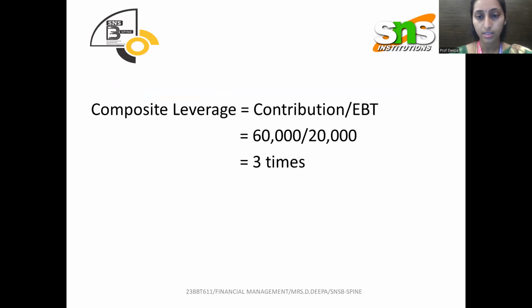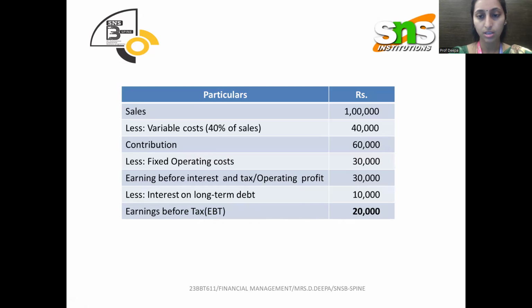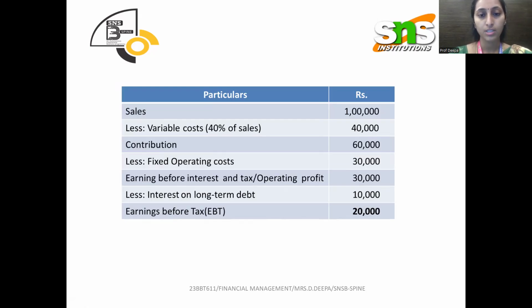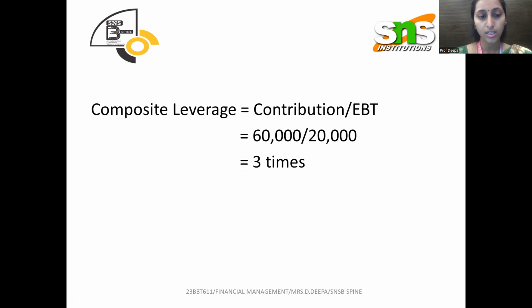That is 60,000 divided by 20,000. 60,000 is the contribution, 20,000 is the EBT. So the answer is 3 times. What is the meaning? If sales increases by 1 time, EBT tends to increase by 3 times. So we got the answer for combined leverage.